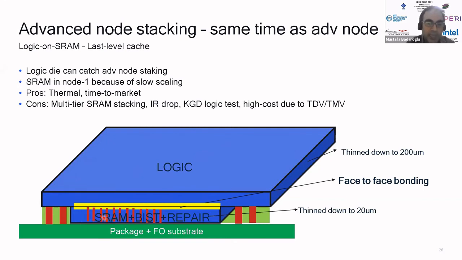And then this will allow basically to immediately release a product right away because of putting the SRAM below. But the biggest issue here is how to deliver the power to logic, non-good die logic test. And also there is a high cost associated if you implement through dielectric via or through mold via to deliver the PDN, for instance, from this region where there is no die.